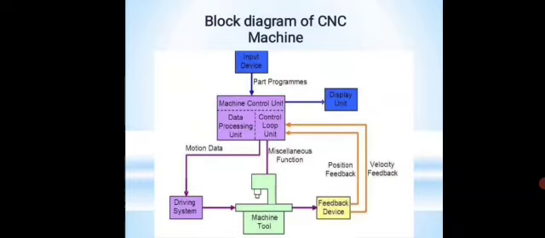Thus, the operations of CNC machines are monitored continuously with appropriate feedback devices, so the CNC system is called a closed loop system. In case of any failure in feedback, the system generates a fault message.